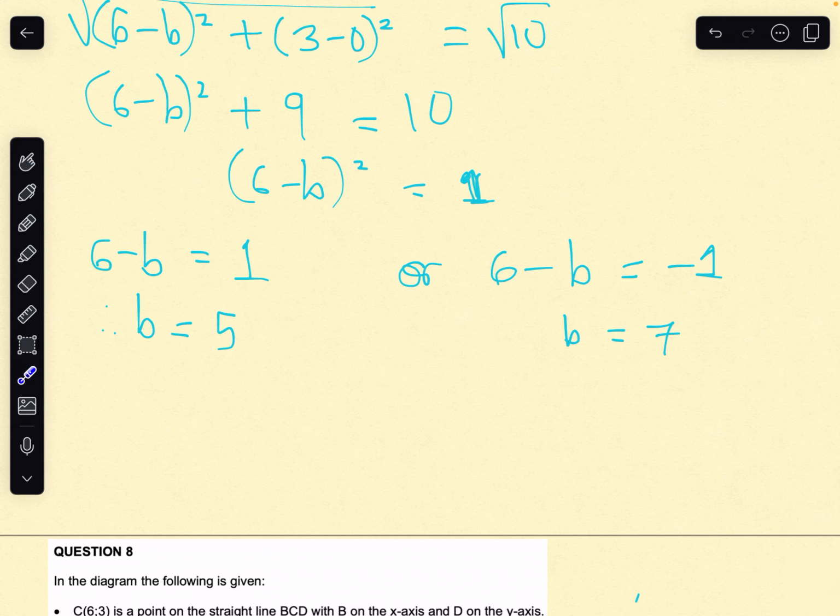Okay, so we can say here that we know that b is greater than 5, which is the x-coordinate of A. Therefore we have B having coordinates 7, 0.